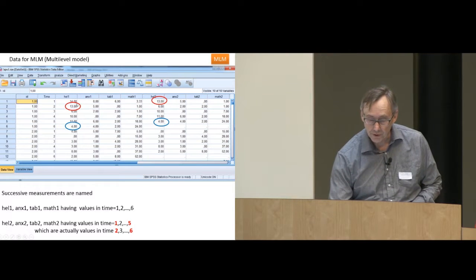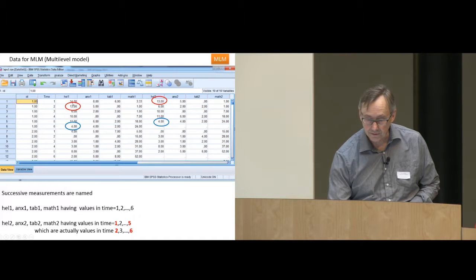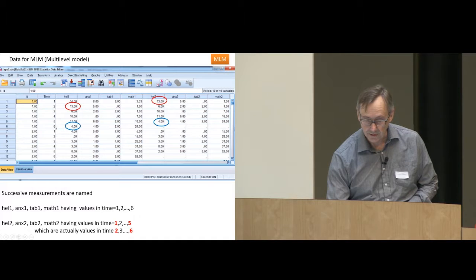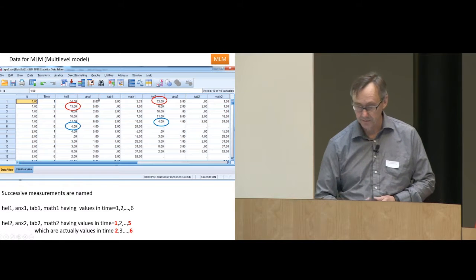I have moved this value 13 to the time 1, meaning that I want to model this autoregression between successive values. And the last 6th measurement is moved to the 5th measurement. Then I can regress the L1 and L2 variables.